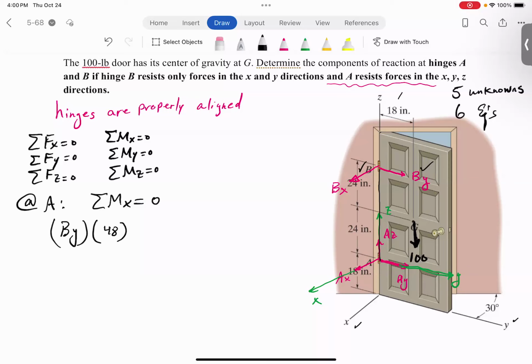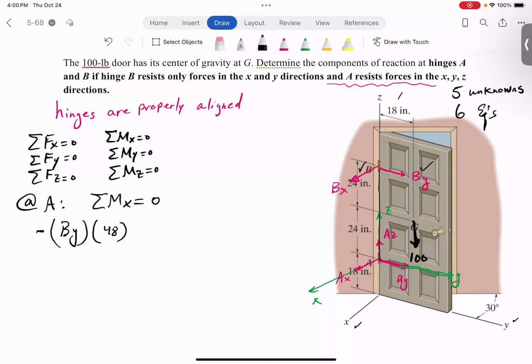And the question is, is it a positive moment or negative moment? This is where you have to use the right-hand rule. Use your right hand. Put your 4 fingers in the direction of By and try to rotate it about the x-axis, and you see your thumb points in the negative direction of the x-axis. So this would be a negative moment. So you have to use the right-hand rule concept.